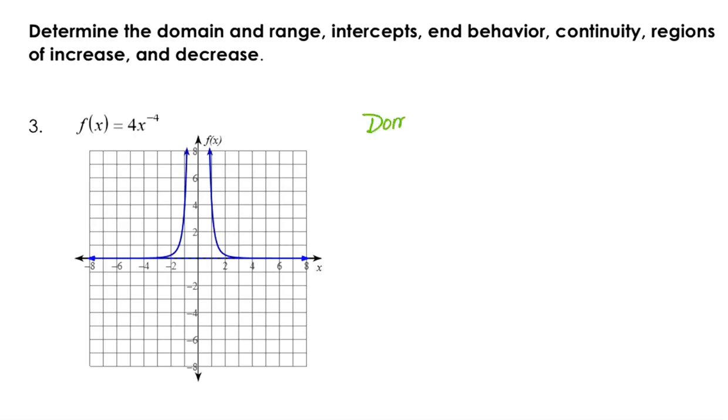The domain of this function is -infinity to 0, union 0 till infinity. Now that we have the domain, we could work on the range. And the range is from 0 to infinity.